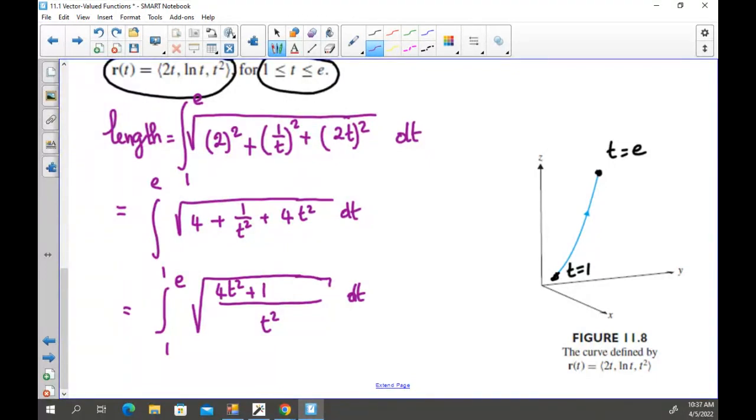This one will stay as 1, and the 4t squared will become 4t to the power of 4, like this. Now, integral from 1 to e, square root of, actually what you see in the numerator is 2t squared plus 1 squared.